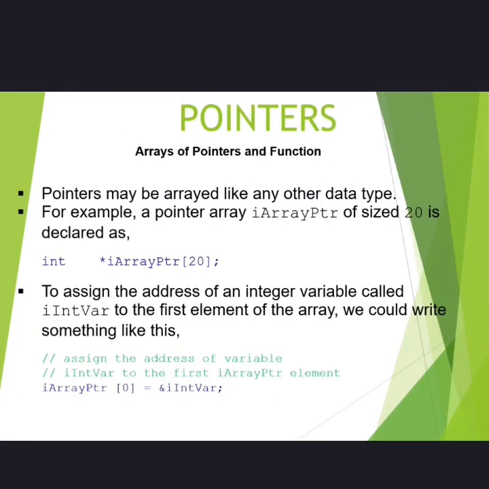Pointers may be arrayed like any other data type. For example, a pointer array IArrayPtr of size 20 is declared as follows. To assign the address of an integer variable called IntVar to the first element of the array, we could write something like this.